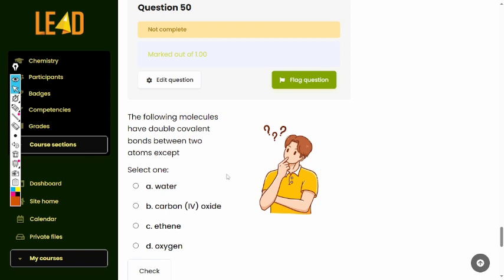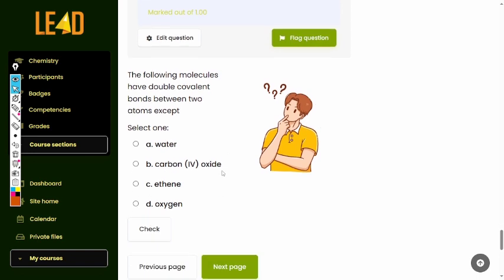50. The following molecules have double covalent bonds between two atoms except... Okay, so let's use the Lewis structure for the atoms that give us this compound and see which ones have double bonds or which one does not have a double bond, because the question says the following have double covalent bonds except.